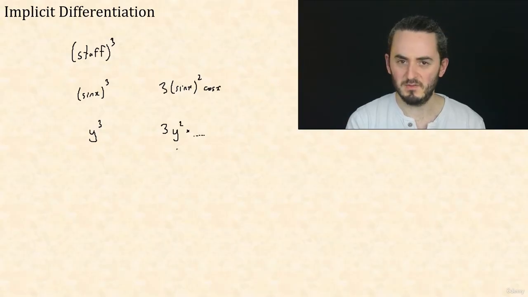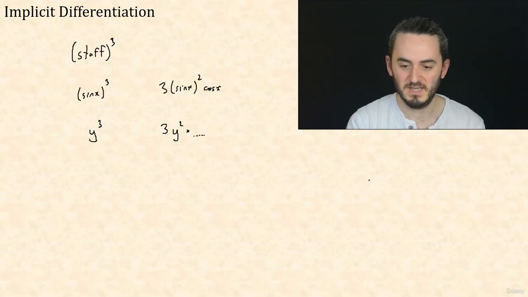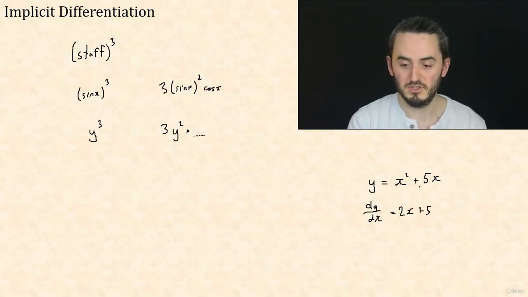Well, this is actually something that you know without maybe being aware that you know it. Because let's say I told you y equals x squared plus 5x. Can you differentiate it? Well, sure you can. It's 2x plus 5. Look, you had no problem differentiating the right-hand side with respect to x. And in fact, you had no problem differentiating the left-hand side with respect to x either.